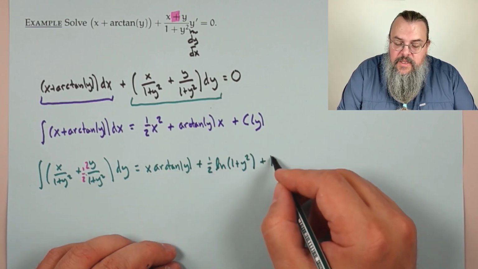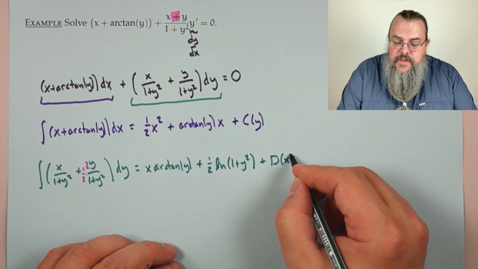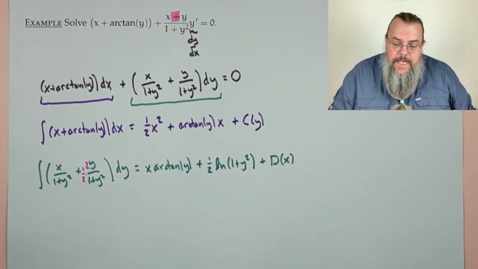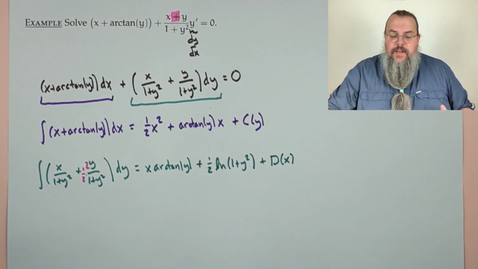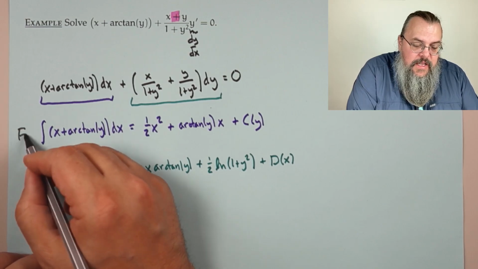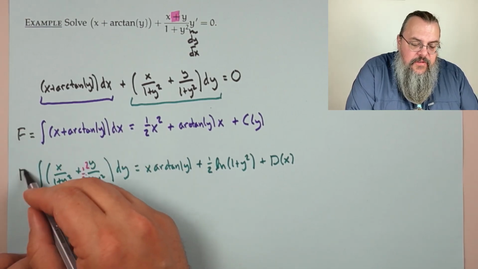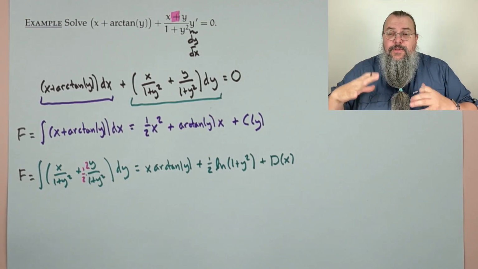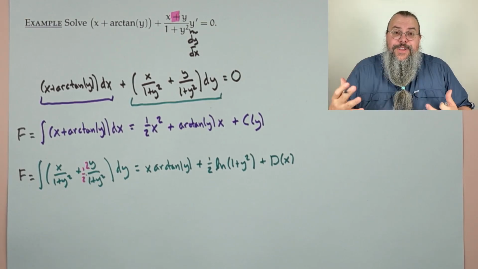So it's some constant function of x. Now the claim here is that when we do both of these integrals, this is really f, and this is really f. And so what we want to do is say, okay, does it work?